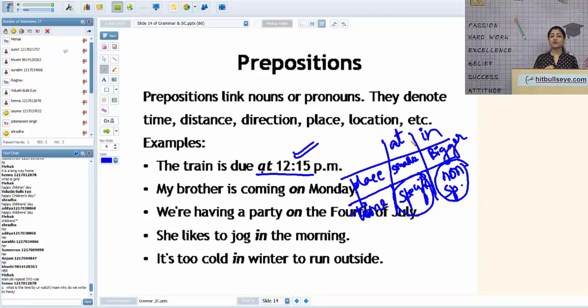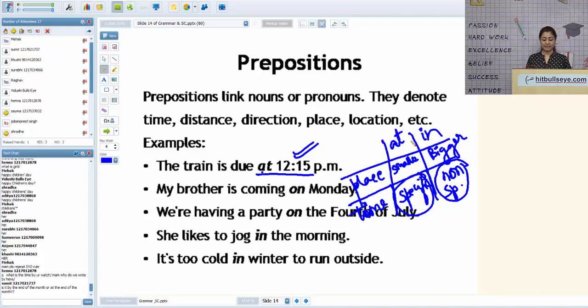Yes, Hina, that's what I'm trying to explain, that one single preposition can be used in certain contexts. If you do logical reasoning questions on directions, where he turned southwest for 50 meters, then towards north, then towards west, those are also places where we use in to denote direction. So one single preposition can be used in multiple places. I'm just taking a small example to explain this to you.